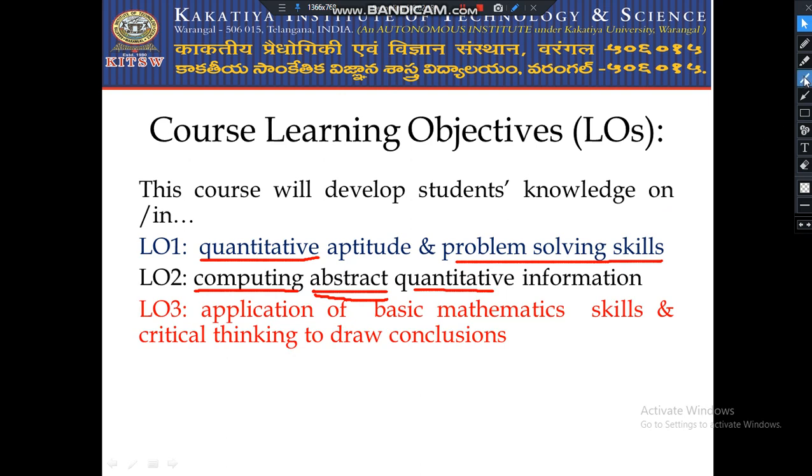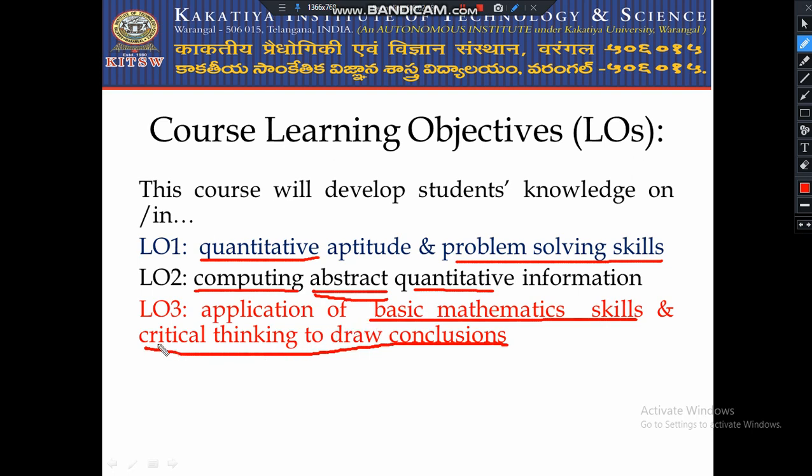Learning objective 3 says application of basic mathematics skills and critical thinking to draw conclusions. When I say basic mathematics, most of the topics in this subject are from very basic mathematics, or application of basic mathematics skills.